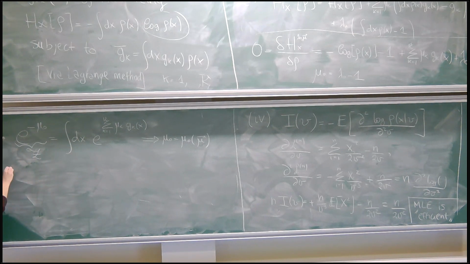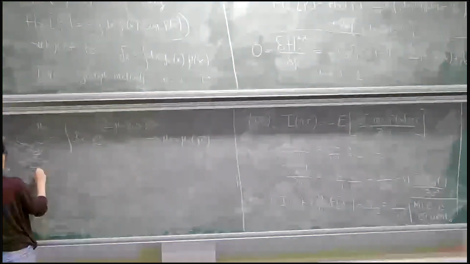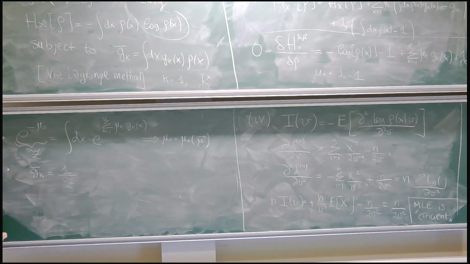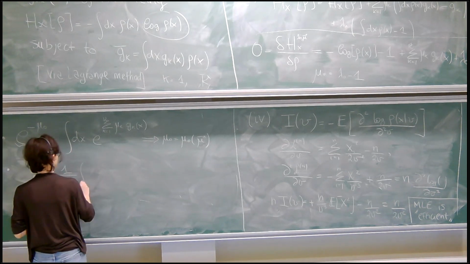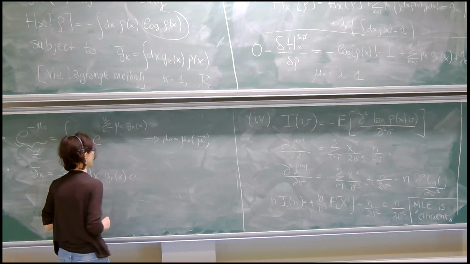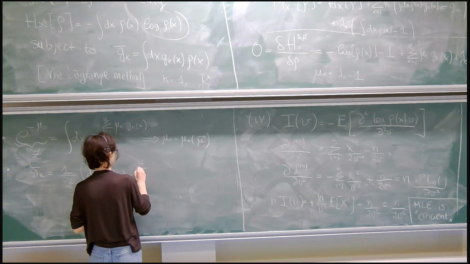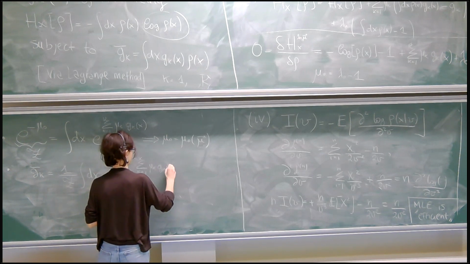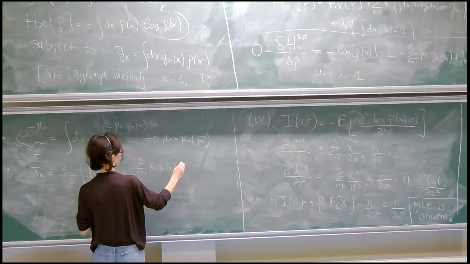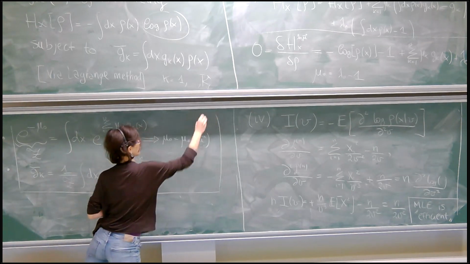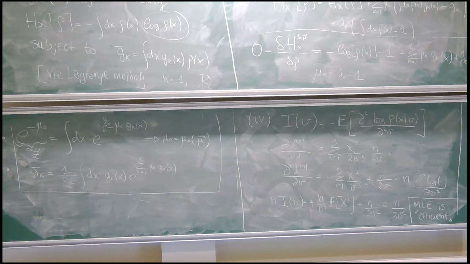And what I will get out of the other constraints is that G average K is what? Is 1 over Z, so e to the mu 0, times the integral over dx of just G k of x e to the my sum. Okay. And this is what fixes all of your Lagrange multipliers.